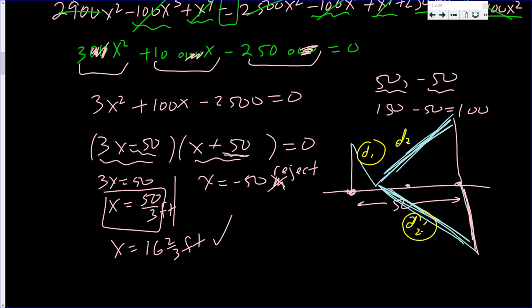Well, let me understand this. I want to go from here to here, and I want to go the shortest distance. Oh, the shortest distance between 2 points is a straight line. That is where you cross. And it turned out that that was 50 over 3.